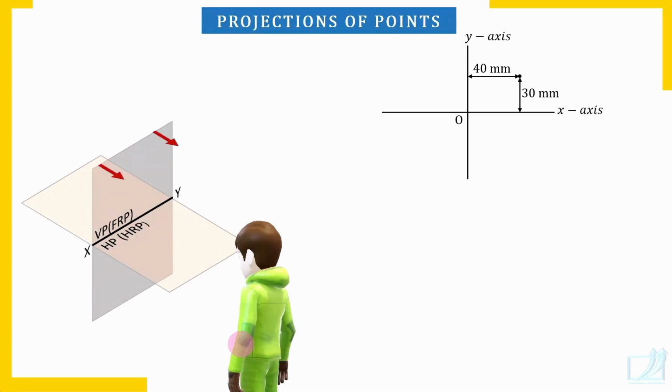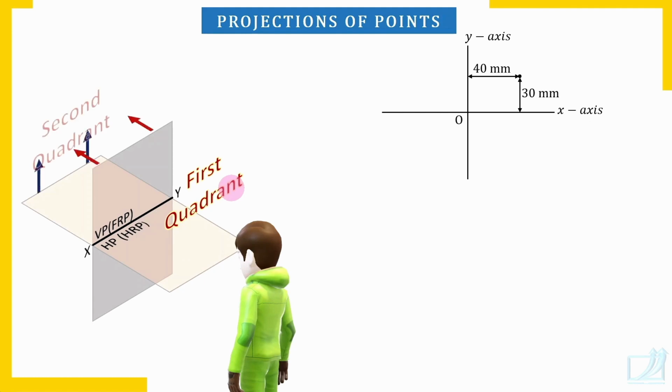Now, with reference to this position of the observer, the portion of space in front of VP and above HP is considered as the first quadrant. The portion of space behind VP and above HP is considered as the second quadrant.